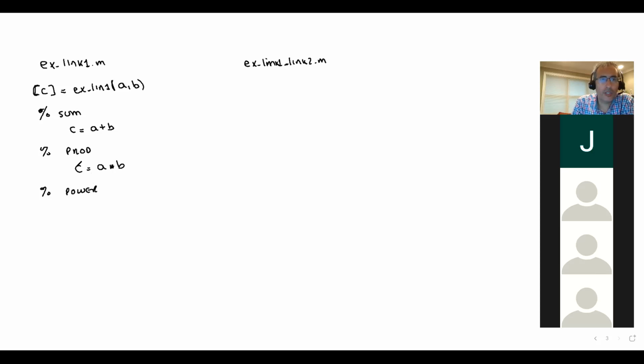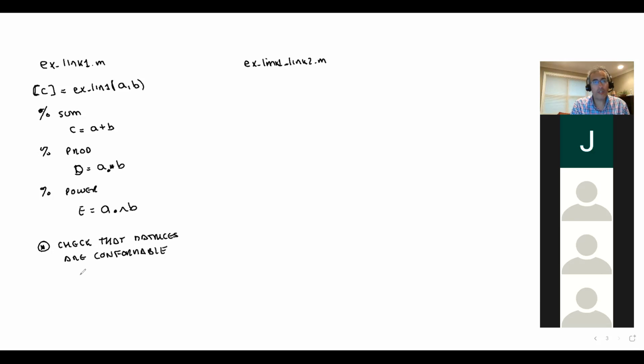Sorry, C, D, E is going to be A dot to the power B. Okay, so check that the size of the matrices, sorry, this is dot, the matrices are conformable. Otherwise, error message.